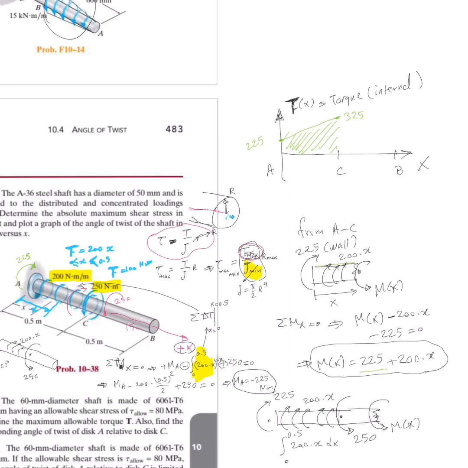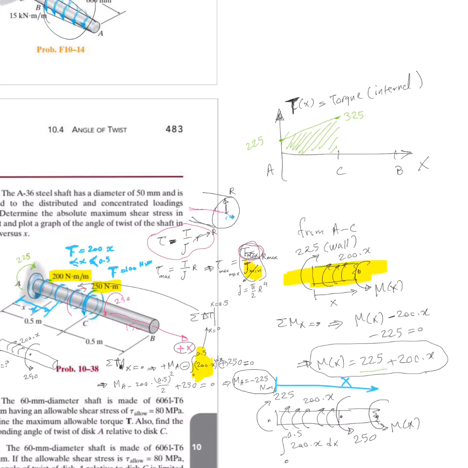So compare it with the previous case, part A, when I cut it between A and C, and now this is the second cut from C to B, where I had to include mx at location x. So from here to here is still x. Okay, so let's do summation of moments about x. Summation of moment about x must be 0.